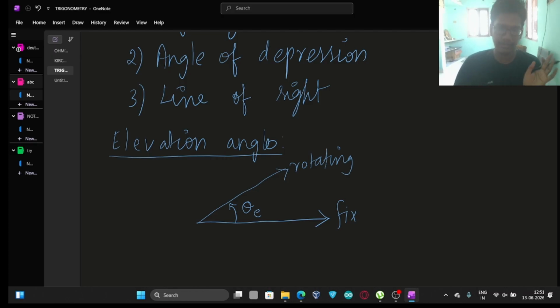The fixed ray should be in a fixed direction and the rotating ray should be above it, revolving like a semicircle like this. So you are visualizing this, I guess. This is the fixed ray and this is the rotating ray. The angle spread should be in the range of 0 degree to 180 degree. So this is called the elevation angle.